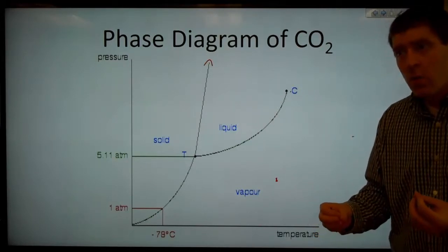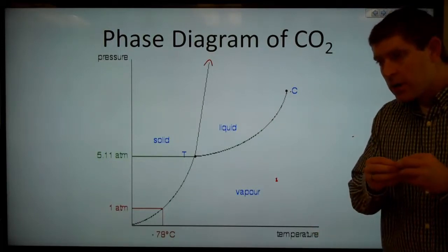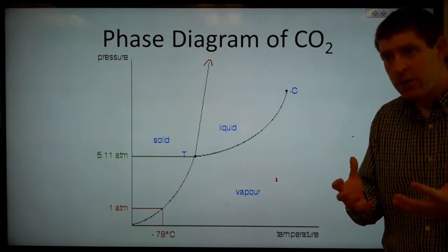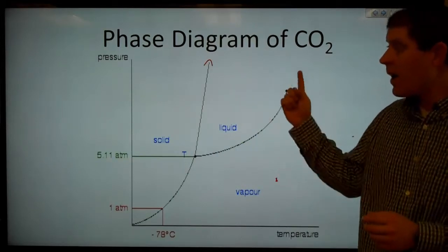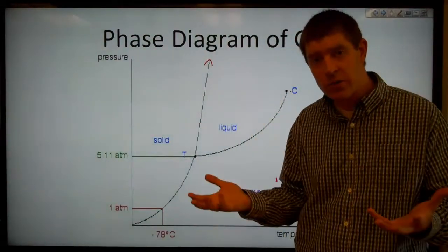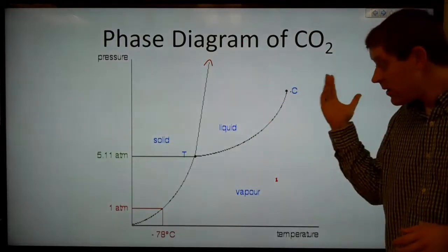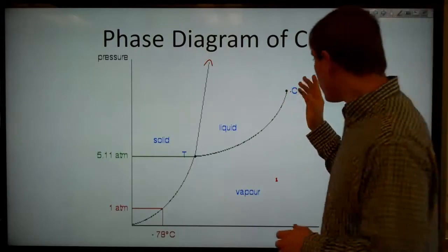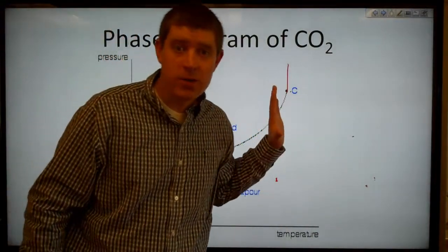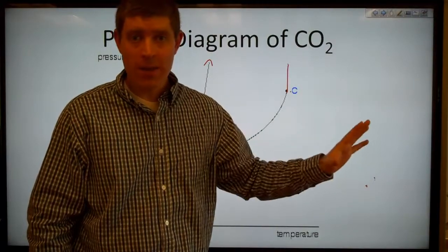Well, at some point, the average kinetic energy of our molecules is high enough that basically all of our molecules have enough kinetic energy to break the intermolecular forces no matter how high we increase the pressure. No matter how tightly we squeeze those molecules together, they have enough kinetic energy to break those bonds. And when that happens, we've reached the critical point, or we're above the critical point in terms of temperature. So at any point from here over, the liquid can't exist because the molecules have too much kinetic energy. You can't condense the liquid out no matter what happens.